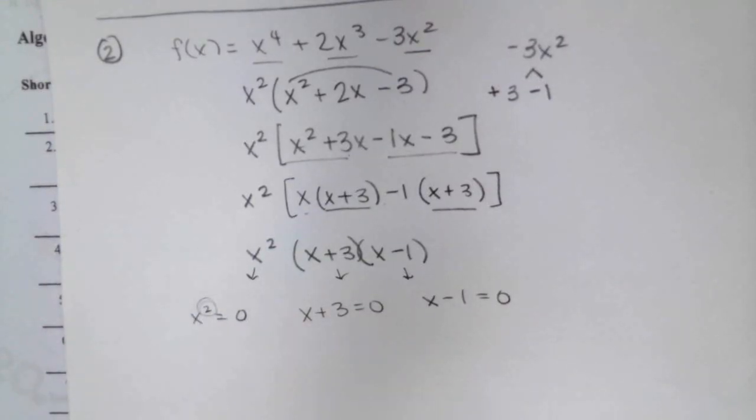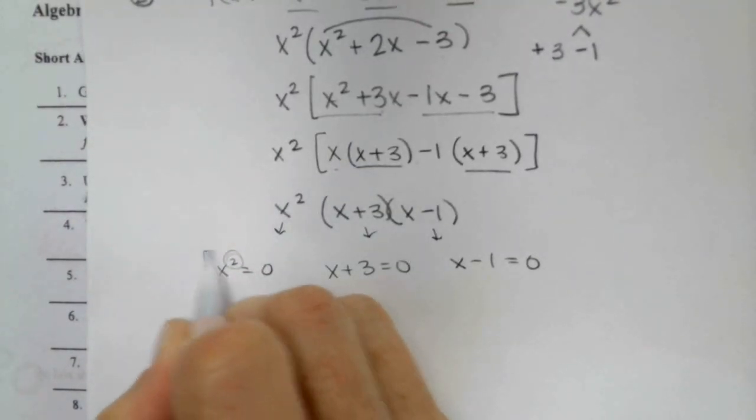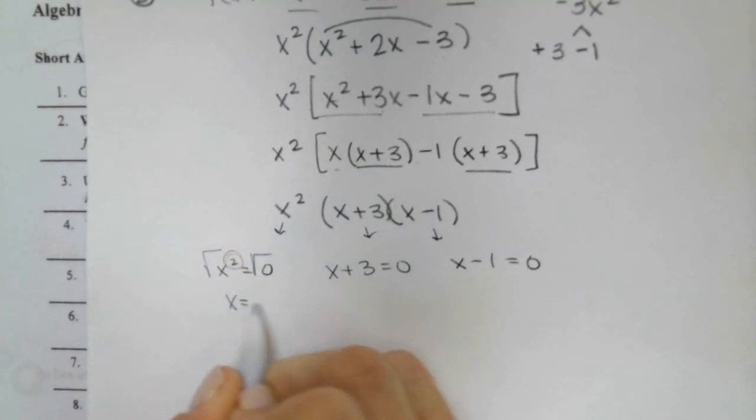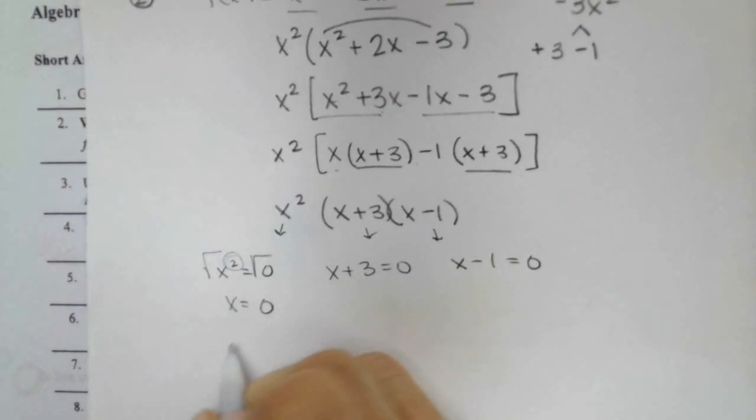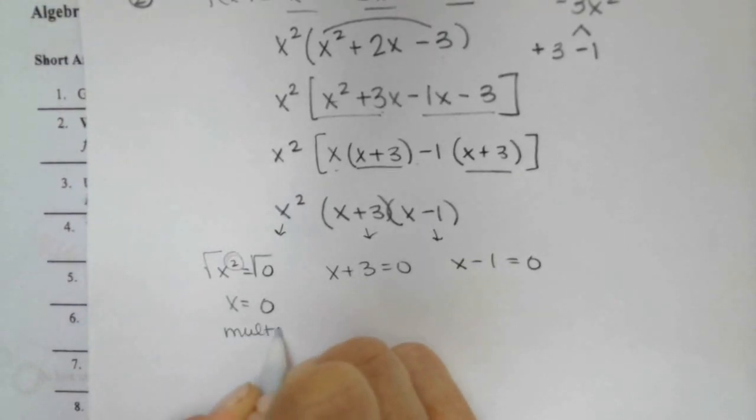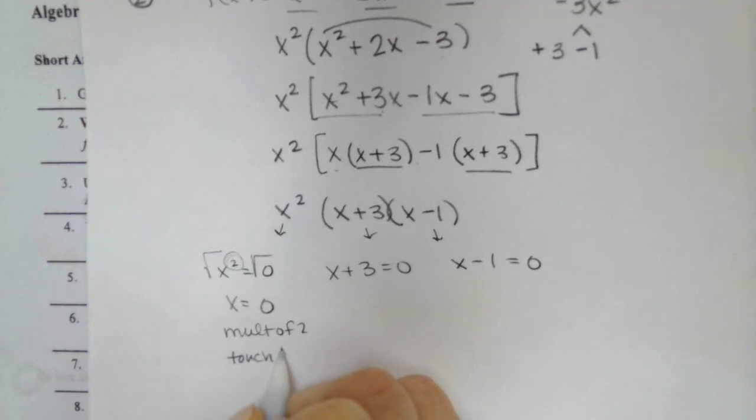That has a power of 2. That right there tells you it has multiplicity. So when we take the square root of both sides, you end up with x equals 0. 0 doesn't have a sign, so it's not plus or minus, it's just 0. But it has a multiplicity of 2, which means it touches and turns.